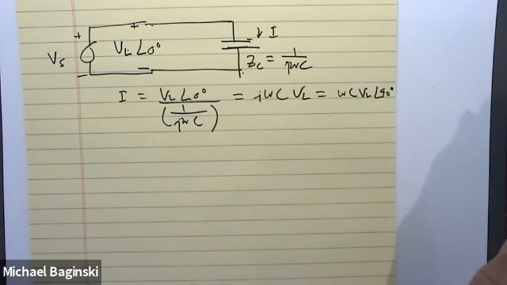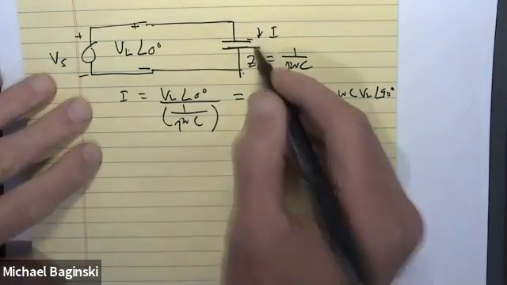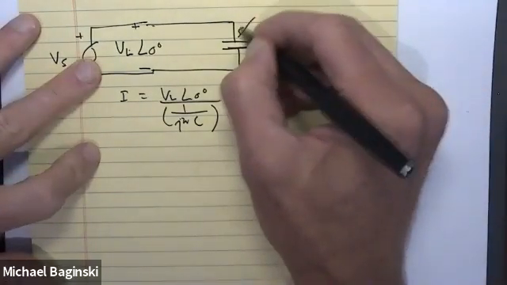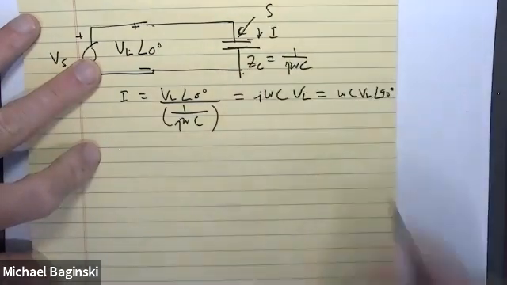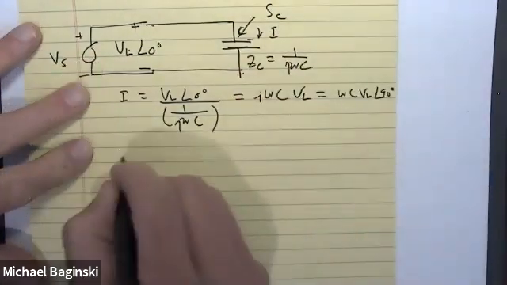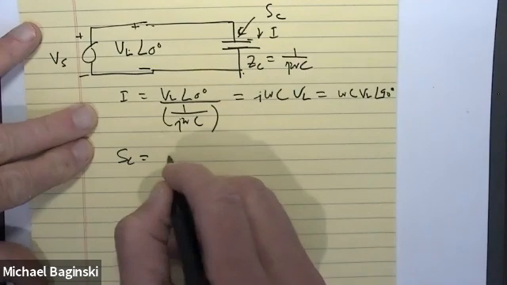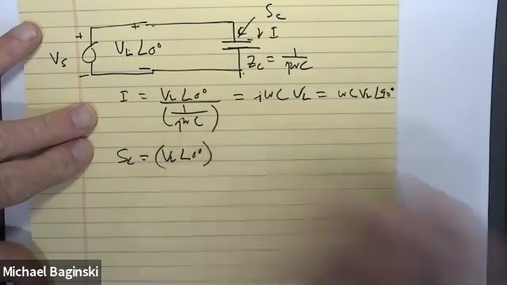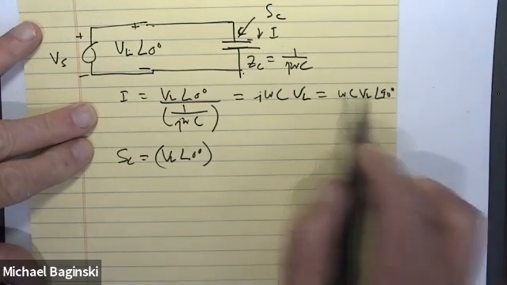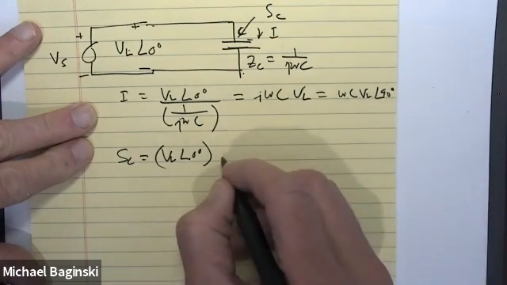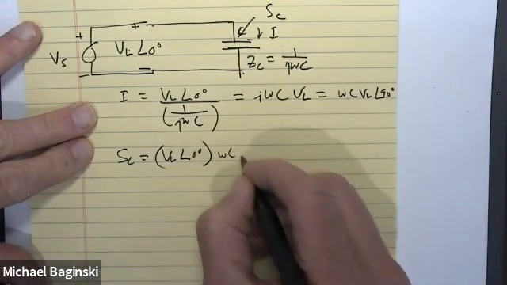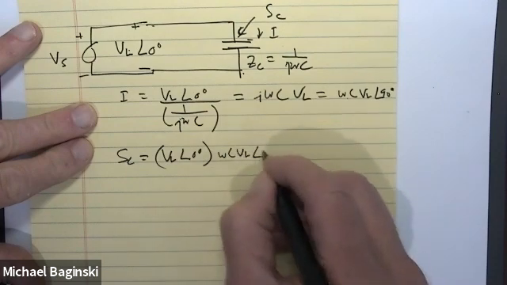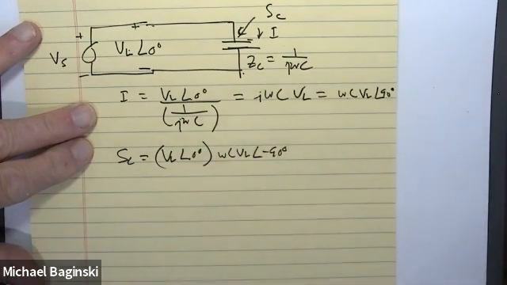You follow me? Now, remember what the definition of conjugation is. Now I'm going to find the complex power associated with that capacitor. And that complex power is going to be V, which is VL at 0 degrees, times I conjugate. Well, when I conjugate this, I get omega times C times VL, only the angle will be minus 90 degrees. Do you all follow me on this?